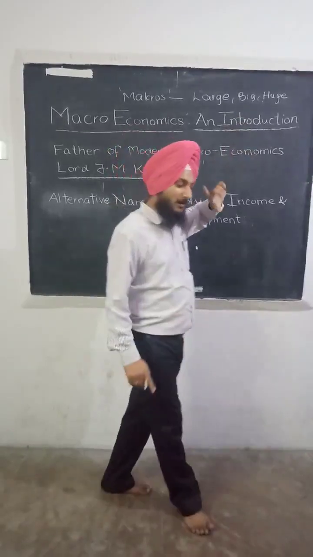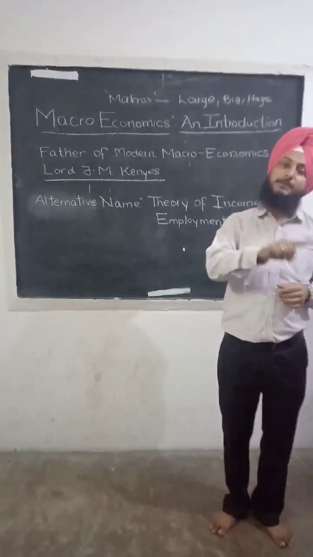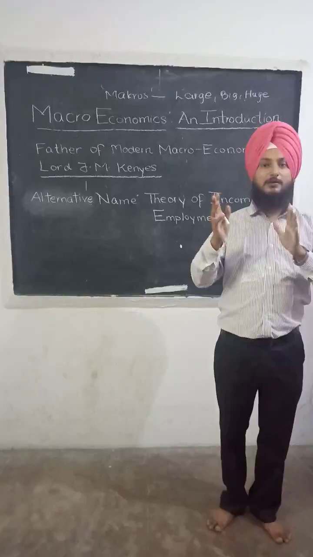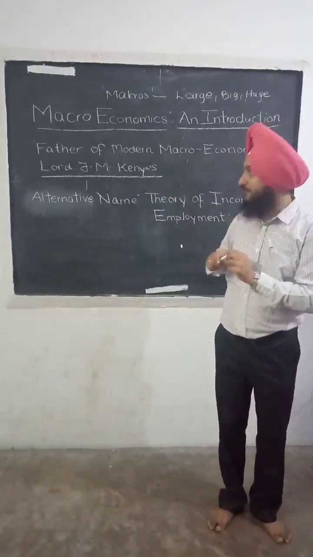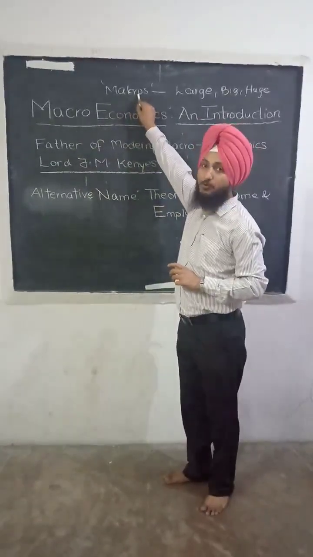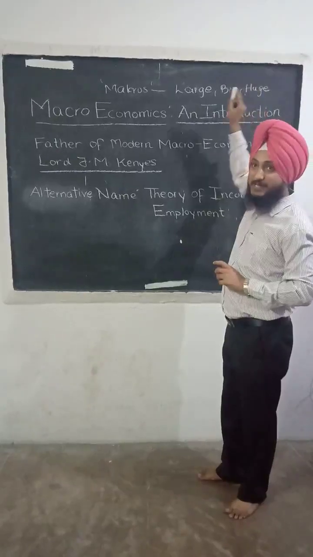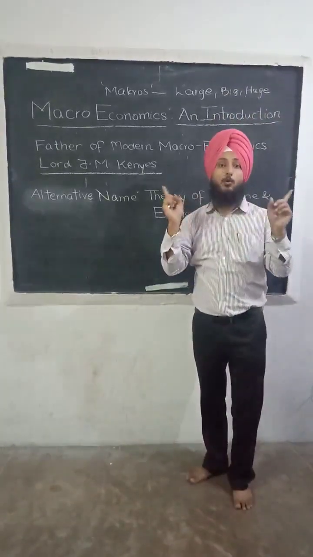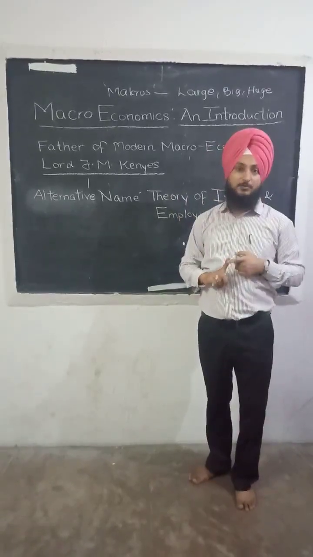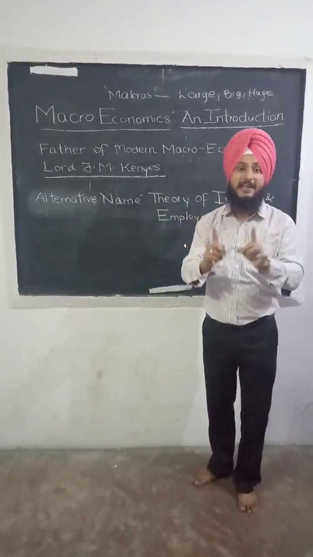We did a question regarding the difference between microeconomics and macroeconomics in our plus 1 class. Here we are only discussing macroeconomics. Macroeconomics is derived from the Latin word macros, which means large, big, huge, meaning taking the economy as a whole nation, with all things in an aggregative form.